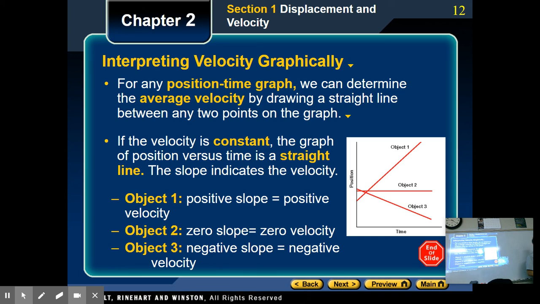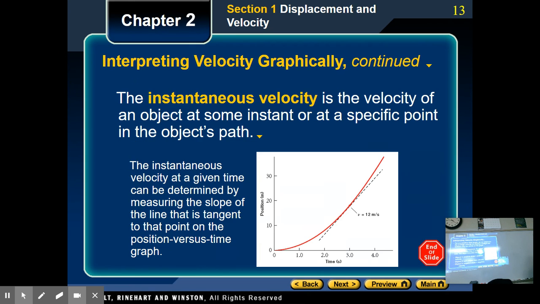It has a positive slope, therefore it has a positive velocity. Object 2 is completely flat, horizontal, zero slope, meaning the velocity is not changing. And then object 3, negative slope, we have negative velocity. Notice where position and time are on the graphs as well. Position is the y-axis, time is on the x-axis.